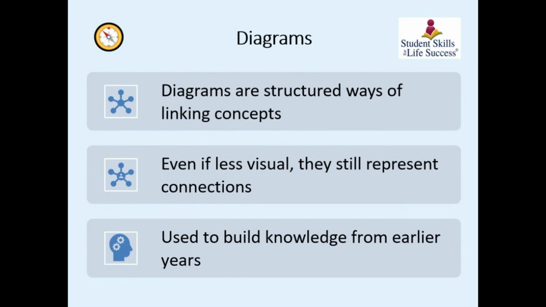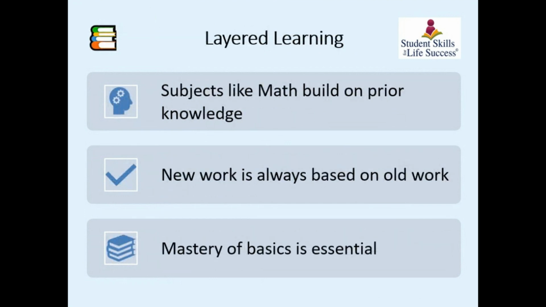Even if it is less visual, they still represent connections. So even if you are just using little blocks and you have lines going to other little blocks, that's fine. I'm going to show you how to do that just now.